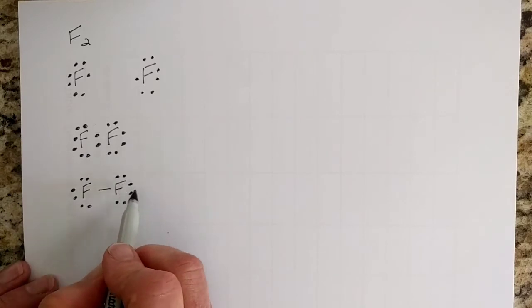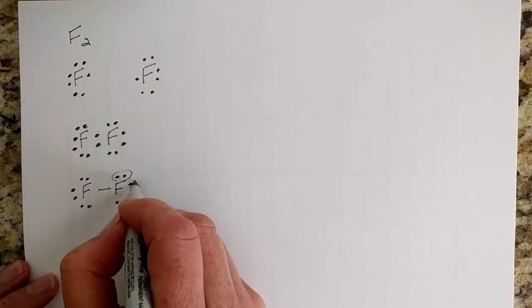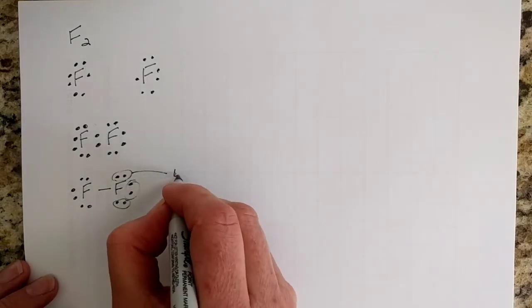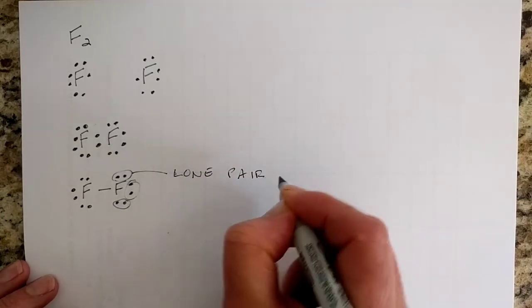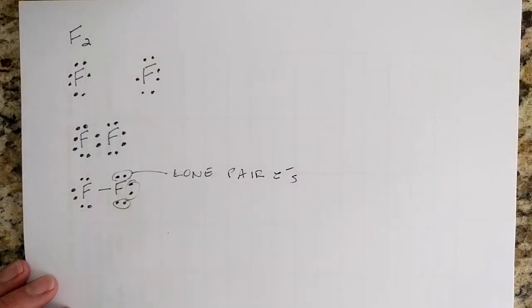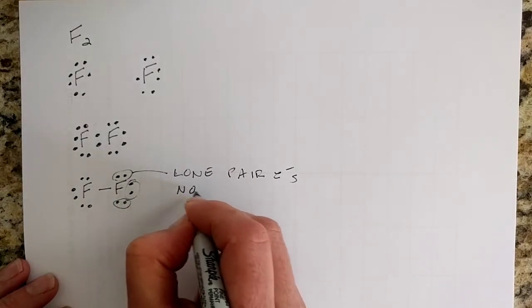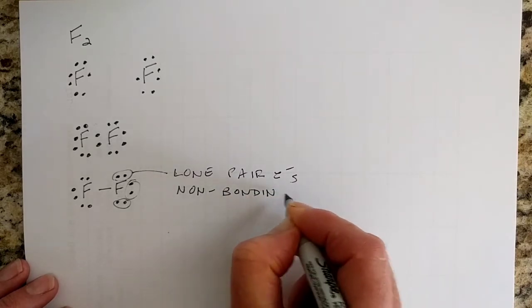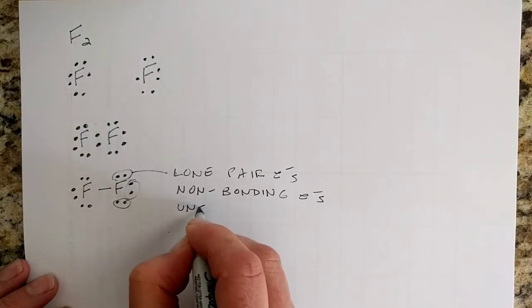Now, these other electrons are very important electrons, and we look at these in pairs. So we call these electrons lone pair electrons. We can also call them non-bonding electrons. And another way that we can refer to them is unshared pair.